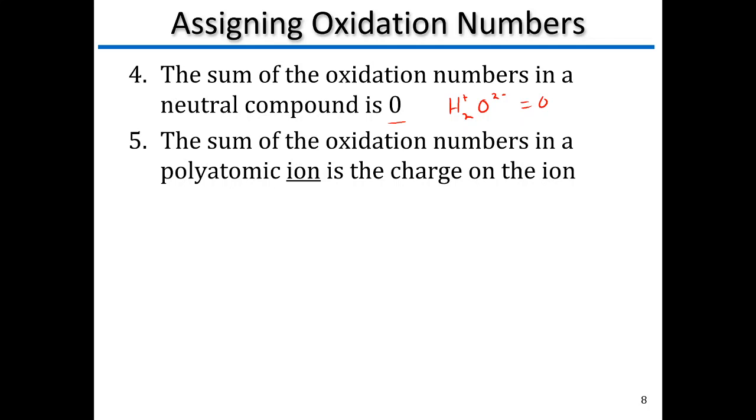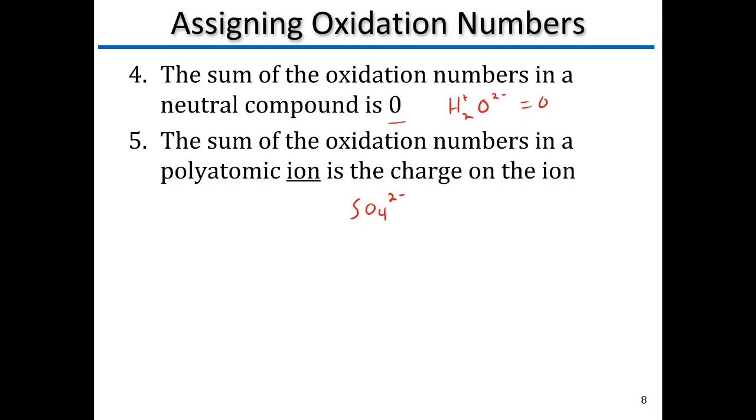Next one: the sum of the oxidation numbers in a polyatomic ion is the charge on the ion. Something like sulfate, for instance, or any other polyatomic ion. The sum of the oxidation numbers has to be equal to the charge. Just to go with my example here, SO4, we know this is overall 2-.